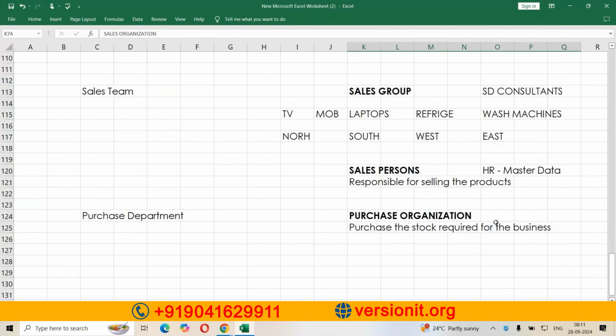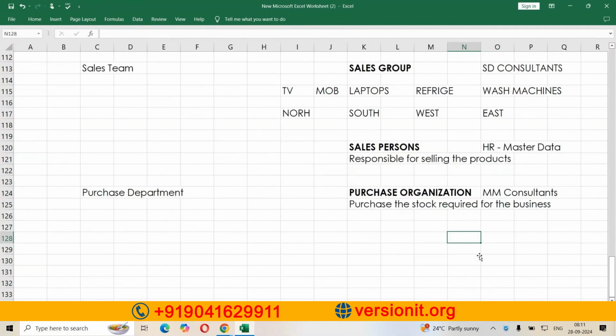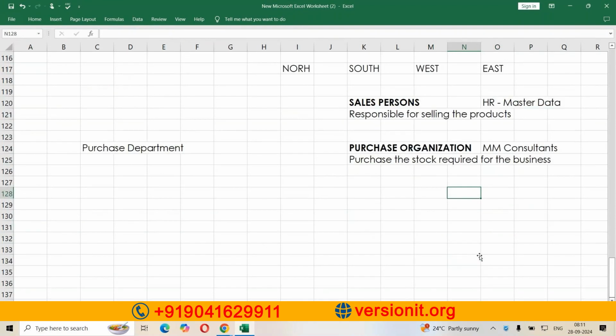If the purchase department needs to sell any stock, they don't have the access. They need to update that information to the sales team, and the sales team will sell the product. So this will be created by consultants. Purchase org functionality is going to be part of your job role. There's one thing you need to be aware of: the reason we work with this purchase organization functionality is for the SD integration area.